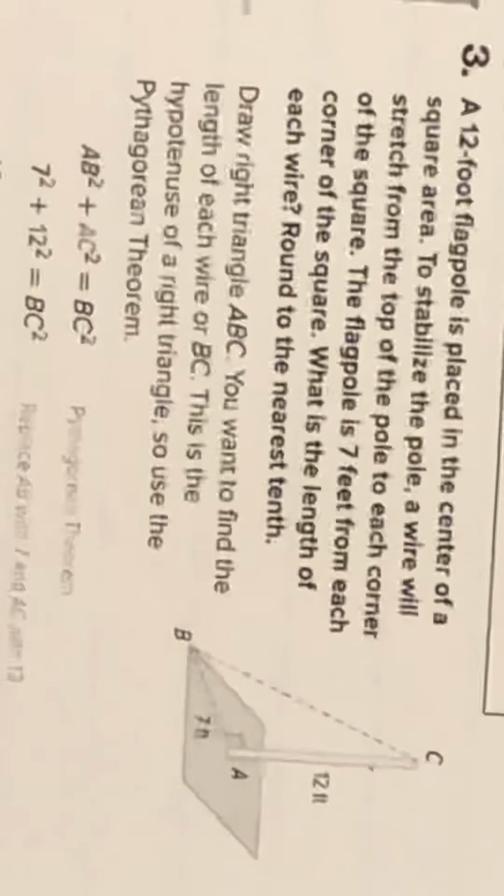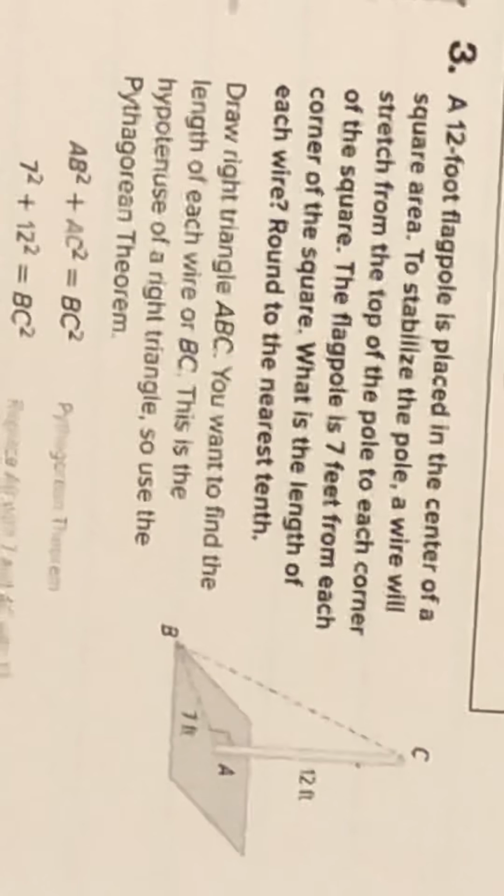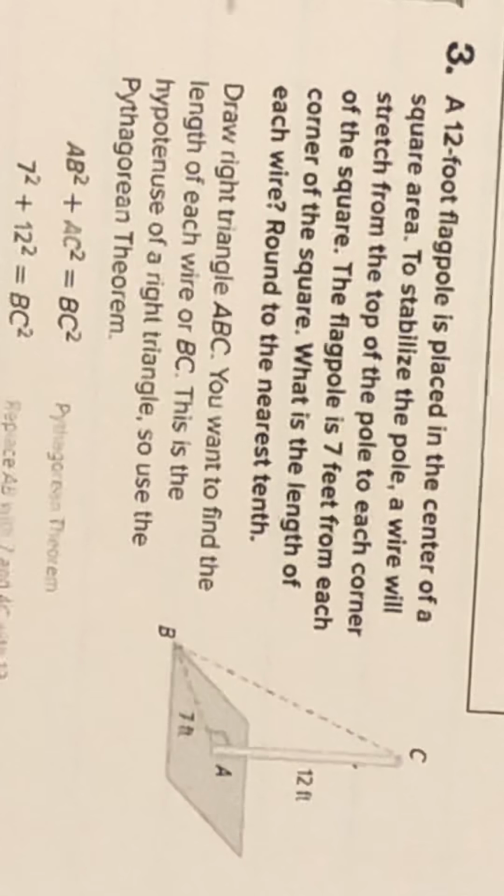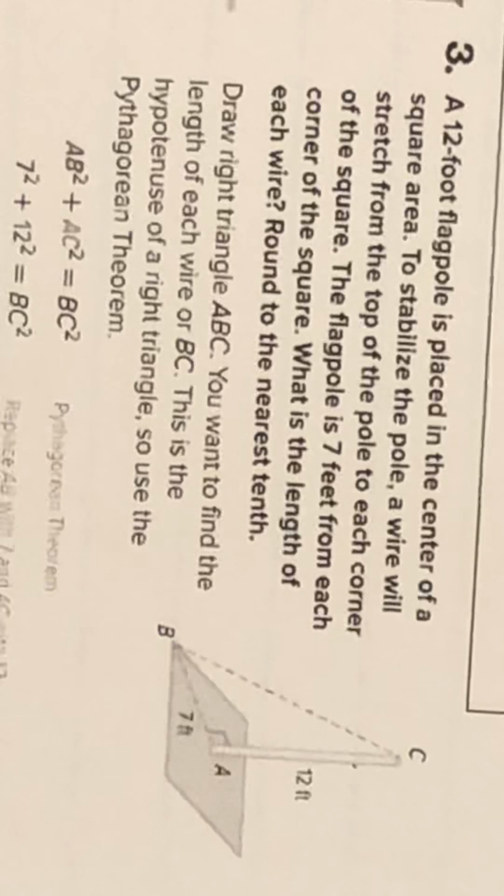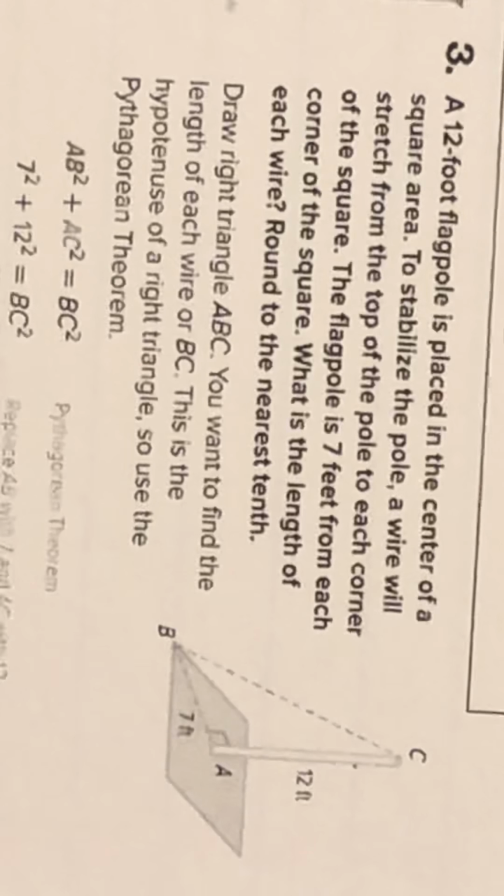Example number 3 says a 12-foot flagpole is placed in the center of the square area. To stabilize the pole, a wire will stretch from the top of the pole to each corner of the square. The flagpole is 7 feet from each corner of the square. What is the length of each wire?